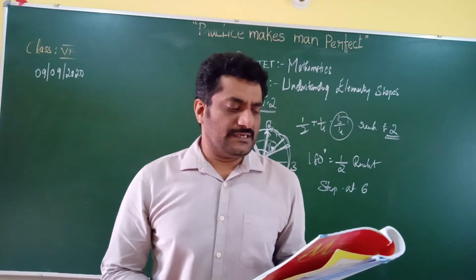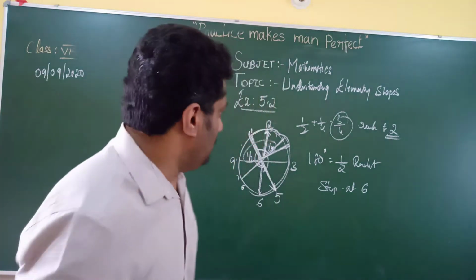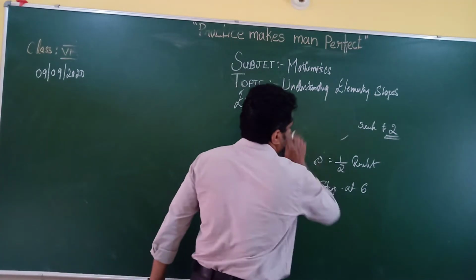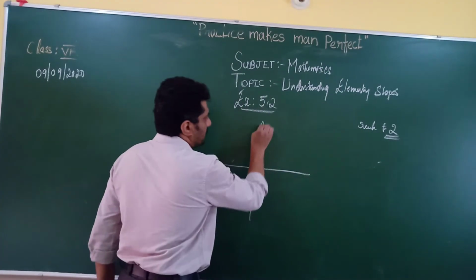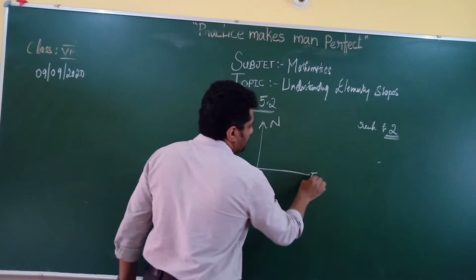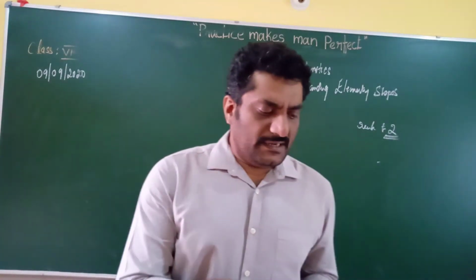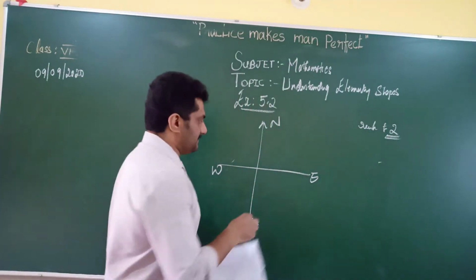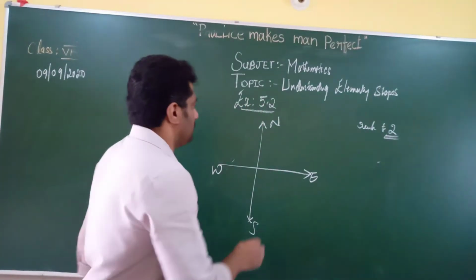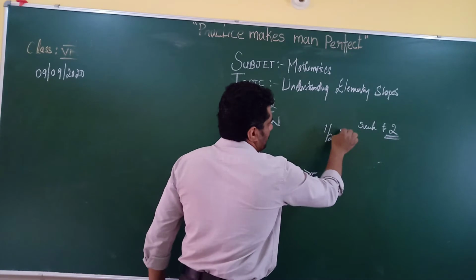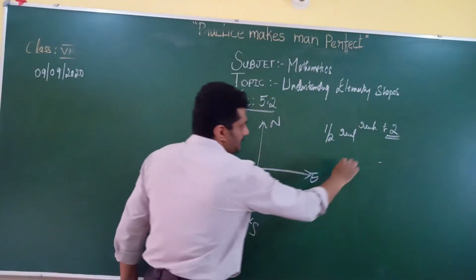Now in the third one, which direction will you face if you start facing east? These are the 4 directions: north, east, west, south. Now you are standing in east. They are talking about half a revolution, and we are talking clockwise.